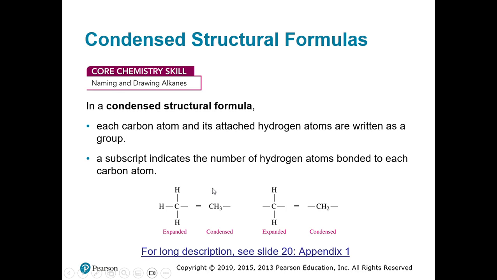For the condensed formula, we can write 1 carbon and 3 hydrogens written as H3, and 1 bond which is not bonded to anything, that is an open bond. Similarly, this CH2, where 1 carbon and 2 hydrogens and 2 open bonds, so CH2 and 2 open bonds in the condensed formula.